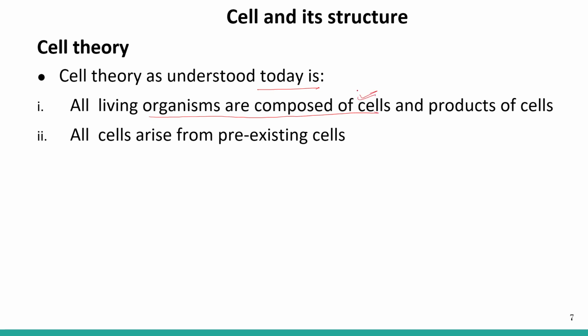Whether it is a plant cell or an animal cell, it is composed of cells and also the products of cells, right? All cells arise from pre-existing cells.